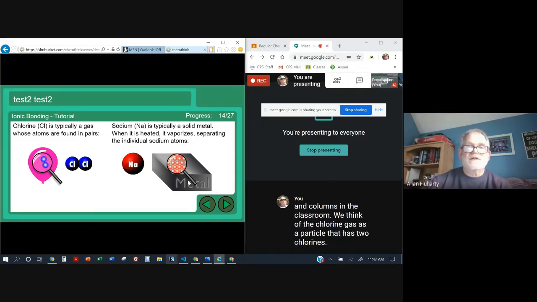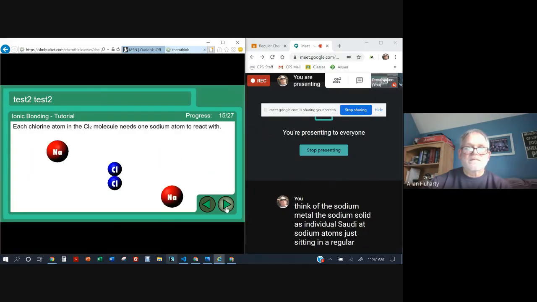We think of the sodium metal, the sodium solid, as individual sodium atoms just sitting in a regular structure. Each chlorine atom in the Cl2 molecule, the little 2 on the right of this capital C, lowercase l, means there are two atoms of chlorine, and each needs one sodium atom to react with it. So each one wants one, so it's going to interact with two sodium atoms because each sodium atom can give away one electron.